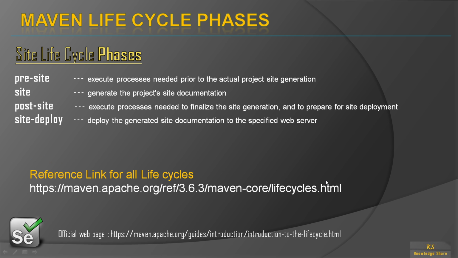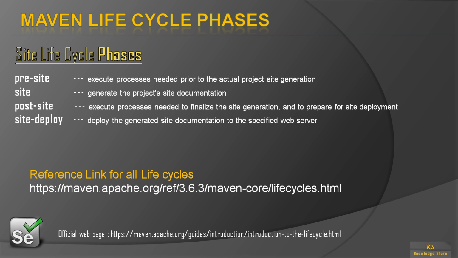And the next one is the site life cycle phases. This has four phases: pre-site, site, post-site, and site-deploy. Pre-site will execute processes needed prior to actual project site generation. Site will generate the site's documentation as I said earlier, post-site will finalize the site generation and prepare for site deployment, and site-deploy will deploy the generated site documentation to the specified web server.